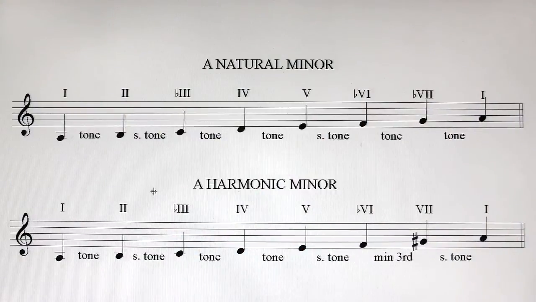Okay, here we have a natural minor and a harmonic minor. Let's just check out the notes in these 2 scales. Here we've got A, B, C, D, E, F, G, A. In harmonic minor, we've got A, B, C, D, E, F, G sharp, A. So we can see that the only difference between the 2 scales is this G sharp on the 7th degree.